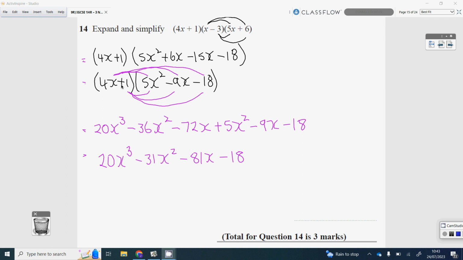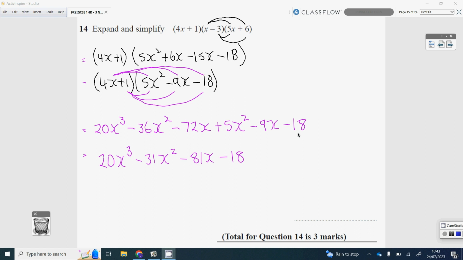Then moving on to the plus 1, one lot of 5x squared, one lot of minus 9x, one lot of minus 18. So doing those 6 clause, 4x times 5x squared is 20x cubed, 4x times minus 9x is minus 36x squared, 4x times minus 18 is minus 72x. Then moving on to the plus 1, I just get a 5x squared and minus 9x and then minus 18.